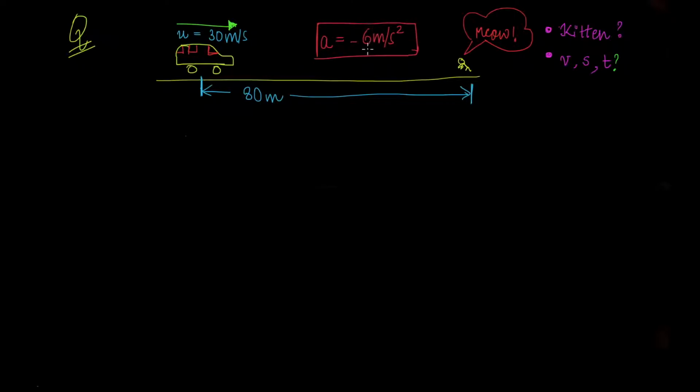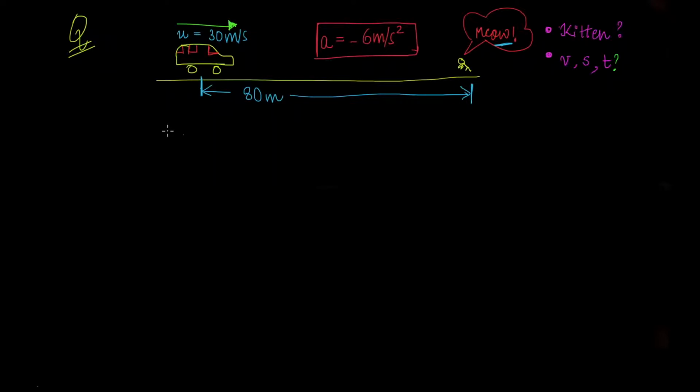If the acceleration of the car is negative 6 meters per second squared, we want to figure out whether or not the poor little kitten is unharmed, or that the car is able to stop in between this 80 meters so as to save it from harming the kitten. So we want to answer this question, and for this matter we have involved a poor kitten in the problem as well.